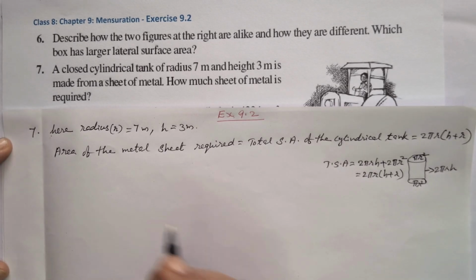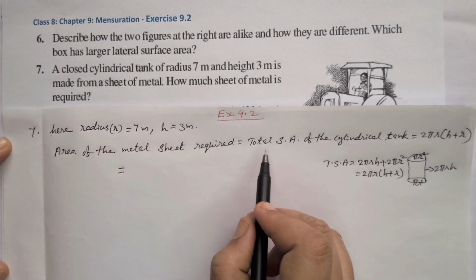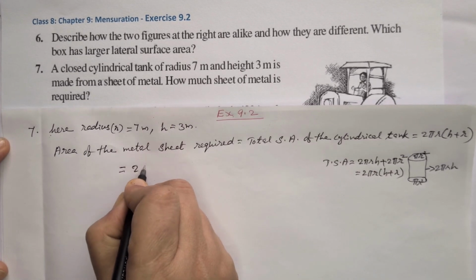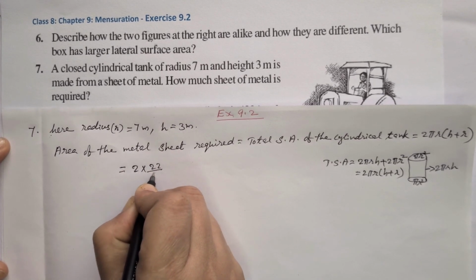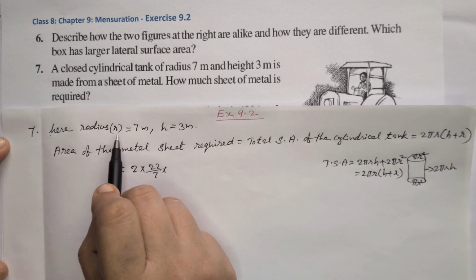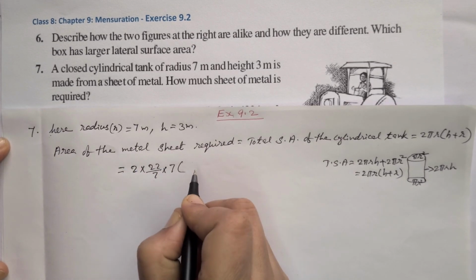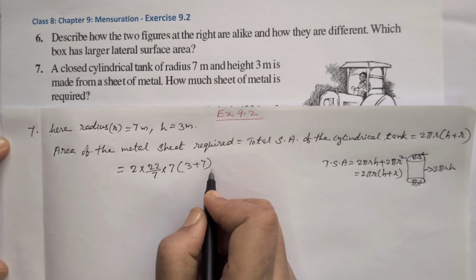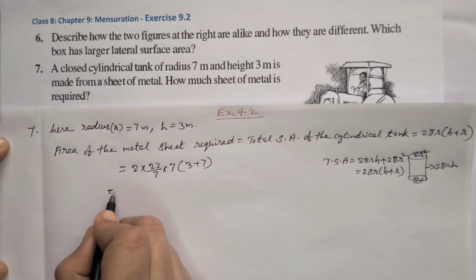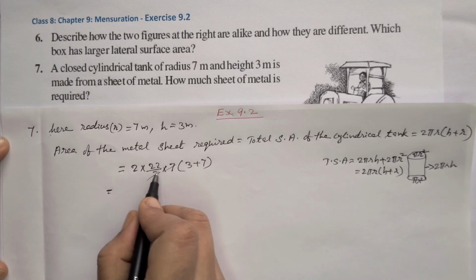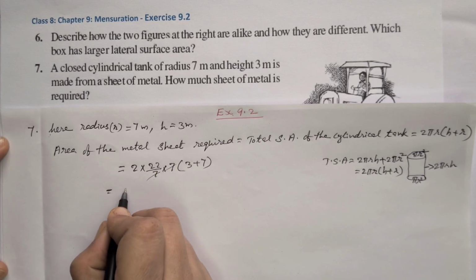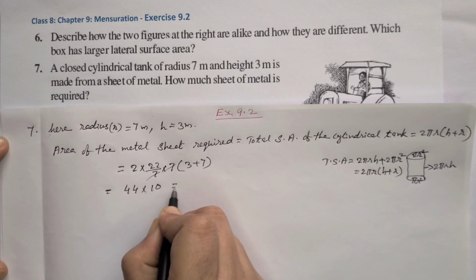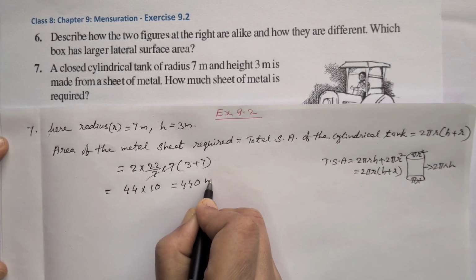So we can put the values here. Total surface area of the cylinder is equal to 2 pi r into h plus r, which is equal to 2 into pi, which is 22 by 7, into radius 7, in bracket h plus r, 3 plus 7. 7 and 7 we can cancel. 2 into 22 will come 44, into 3 plus 7, which is 10, equal to 440 meter square.